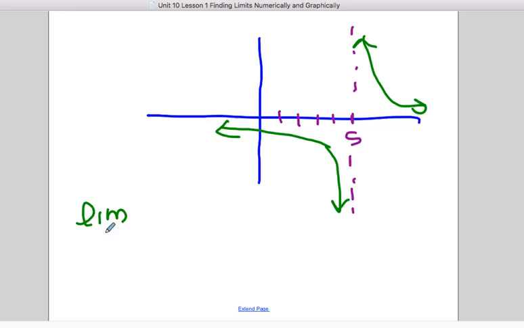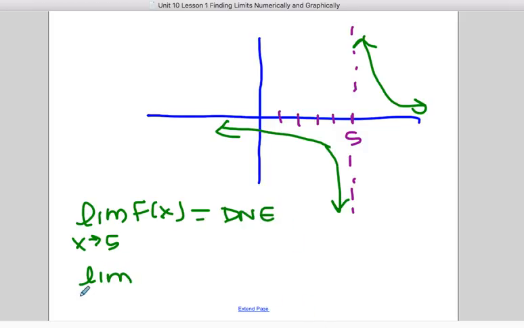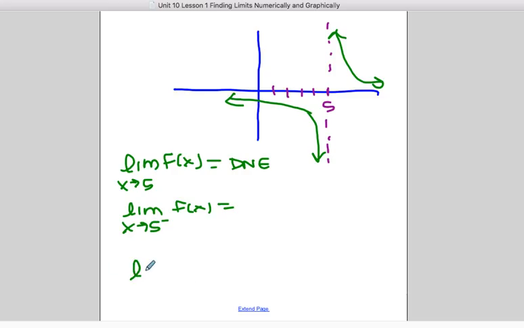If we have the limit as x approaches 5 of f of x, are they both going up or both going down? They are not, and so this is actually a does not exist. But we could talk about the limit as x approaches 5 from the left of f of x, and we could talk about the limit as x approaches 5 from the right of f of x.